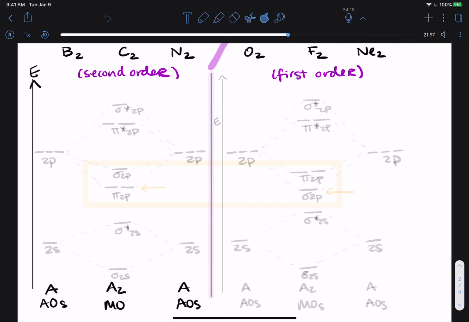I do realize that I could just get a picture of this and put it in here for you, but I want you to draw these out and not just copy paste a picture or screenshot a picture. So I'm going to hand draw them here.